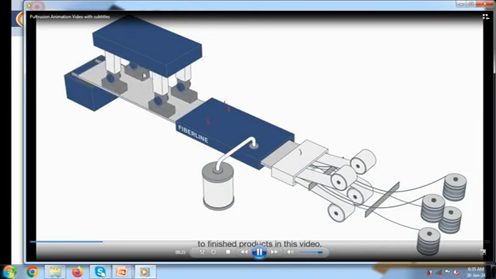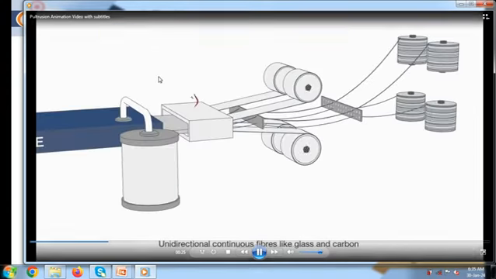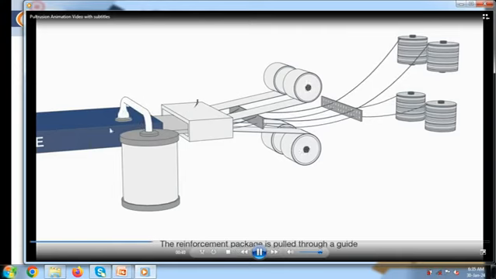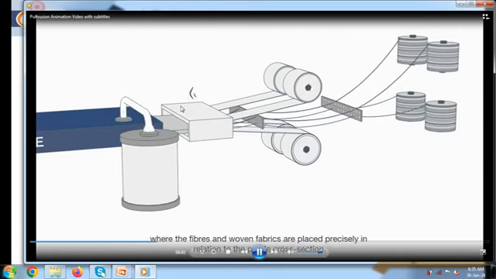So these are the supporting dies we have seen. In this portion you can see the woven creels, and the fibers are passing through them. Here we are providing the resin bath. This portion is a very important part.